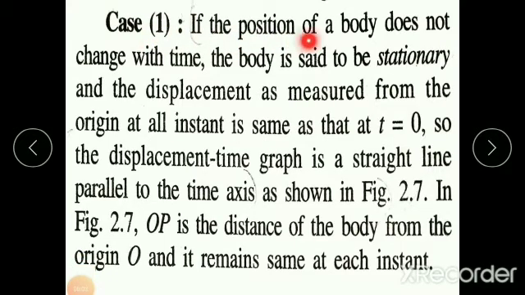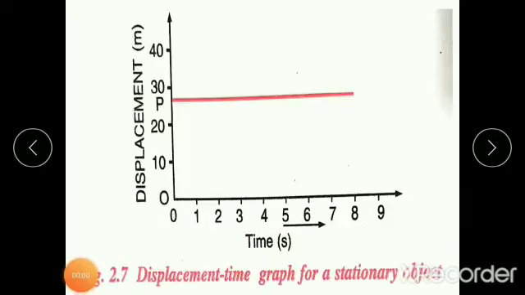If the position of a body does not change with time, that means the body is at rest, and the displacement as measured from the origin at all instants is the same as that at time 0. So the displacement time graph is a straight line parallel to the time axis. You can see in this graph, time is taken on the x-axis and the displacement on the y-axis.